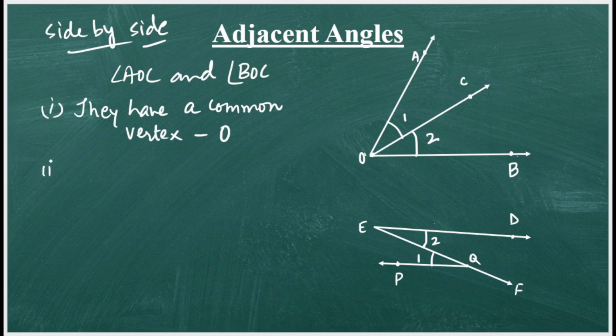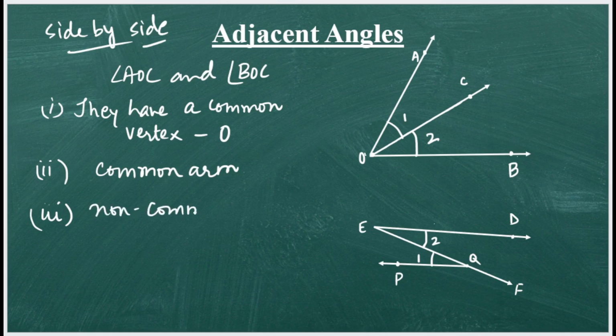Okay. Second condition is they have a common arm. What is the common arm of these two angles? For AOC, this OC, and for BOC, again this OC is a common arm for both the angles 1 and 2. And the third condition is about the non-common arms. Which are the non-common arms in these two angles? The non-common arms are AO and BO.